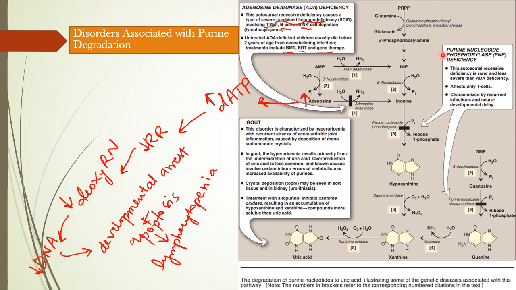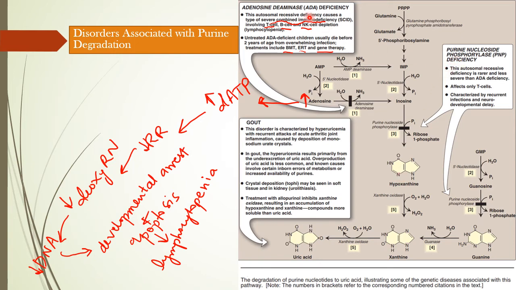Now the second disorder associated with purine degradation is purine nucleoside phosphorylase deficiency, or PNP deficiency. This enzyme may be missing, so inosine cannot be converted into hypoxanthine, and therefore the whole sequence afterwards, from hypoxanthine onward, will be inhibited.